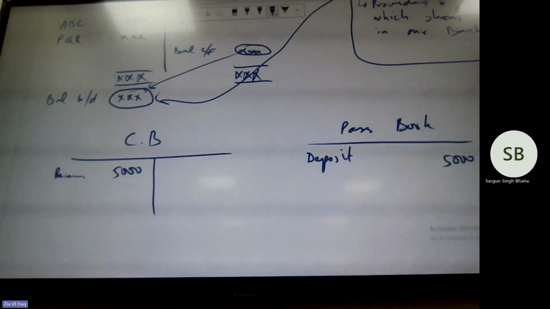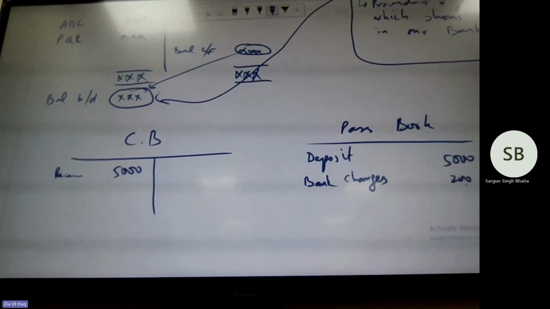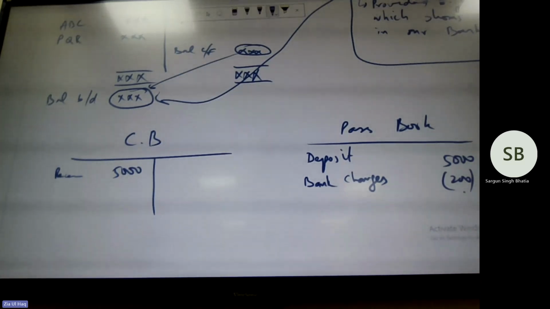There could be some entries in the passbook that we are not aware of. Suppose the bank has charged some bank charges from our account, say 200. The bank collected these charges from our account silently and hasn't informed us. So this is one reason there is an entry in the bank statement but not recorded in the cash book. Because if they haven't informed us, obviously we haven't recorded it in the cash book.